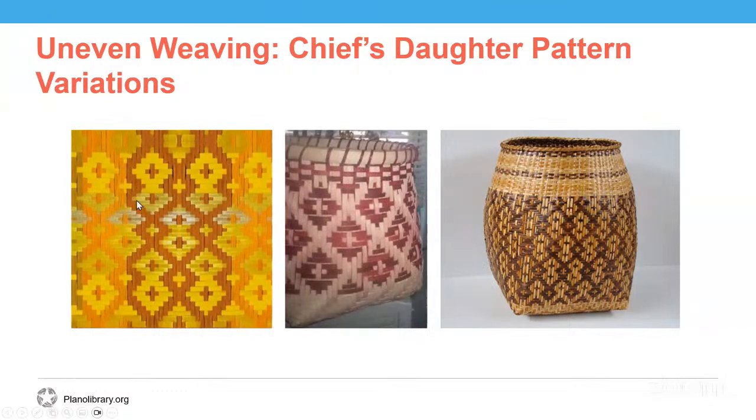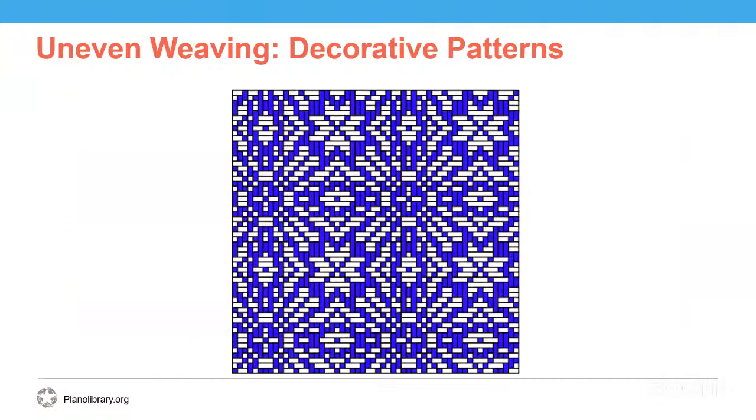You can see the different colors of the warp and the weft used to create this very mesmerizing look. And then these sometimes make my eyes hurt, but if I kind of squint at them, they show me the pattern much more easily.